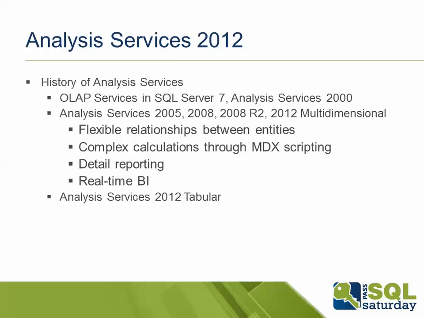Well, funnily enough, we still use Analysis Management Objects to create and manage tabular models with 2012 Tabular. And if you're ever using AMO to manage tabular models, it's pretty quickly apparent that if they'd rewritten this thing from the ground up completely, you'd be programming tables and columns and relationships instead of measure groups, dimensions, cubes, and hierarchies and things like that.